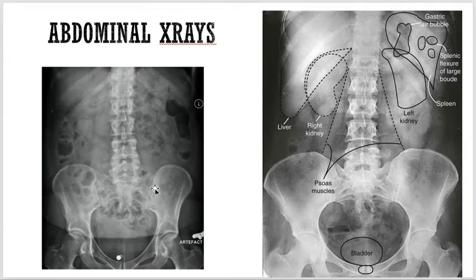Roughly, one abdominal X-ray is equal to 35 chest X-rays, okay. That's very important to remember, right? An abdominal X-ray exposes the person to much more radiation than a chest X-ray, okay.